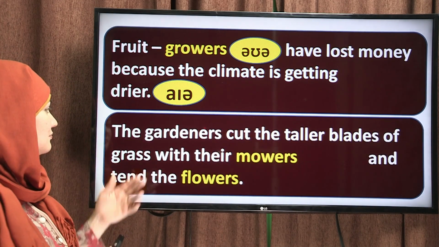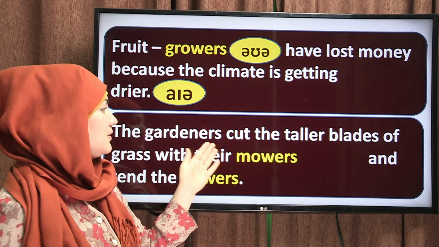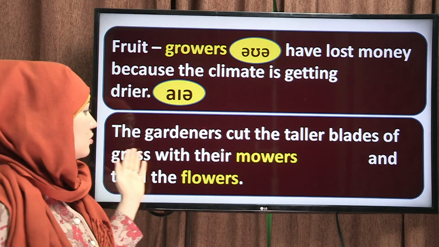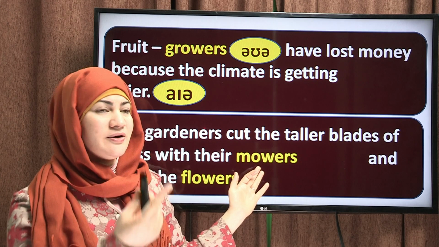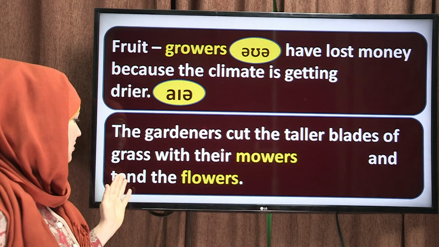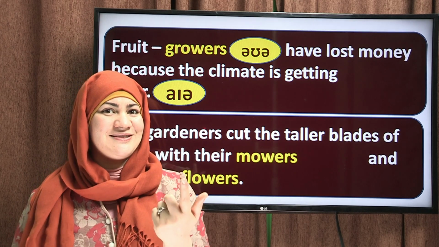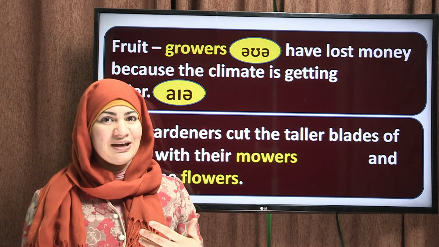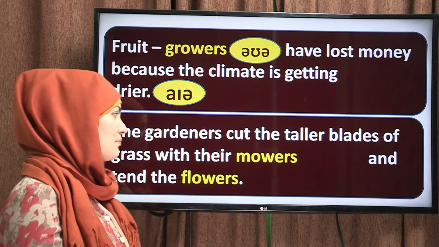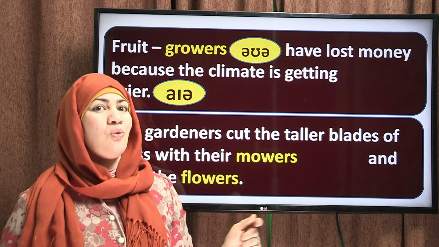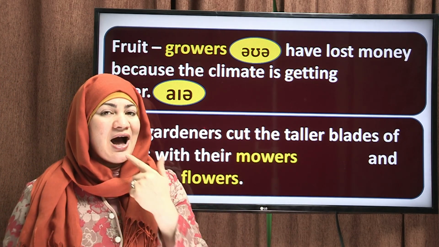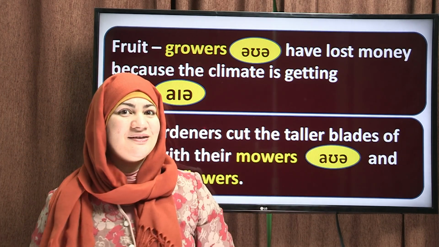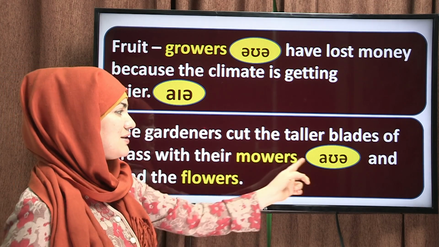The gardeners cut the taller blades of grass with their mowers and tend the flowers. We reread the words. You listen carefully and we do it together. We have mowers, our. Yes, very good, my student. It is our. Mowers, our.